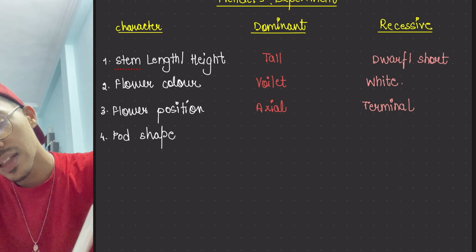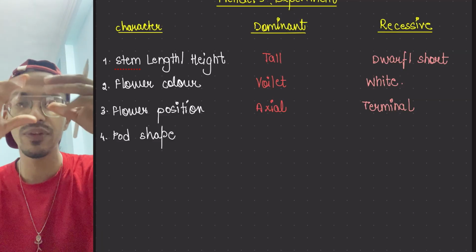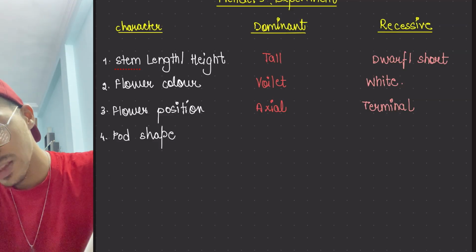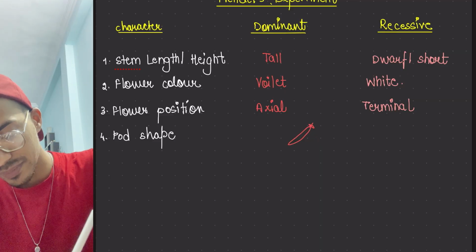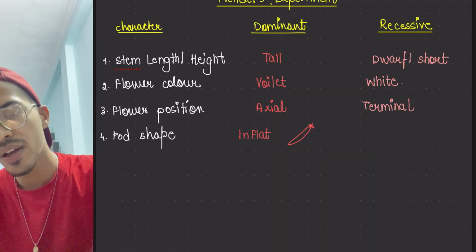As for shape, mostly if you have seen, they are flat, not constricted. They look something like this, right? The pod looks like this. This is flat, also called inflated. Whereas the recessive character is when it is constricted.